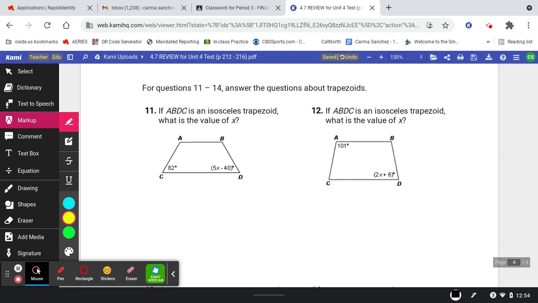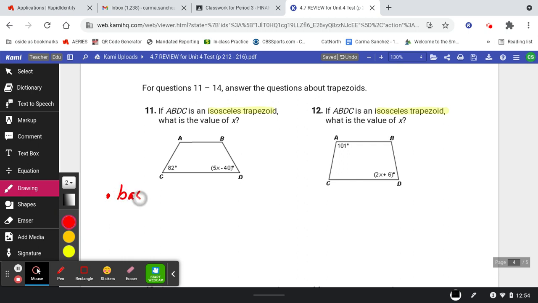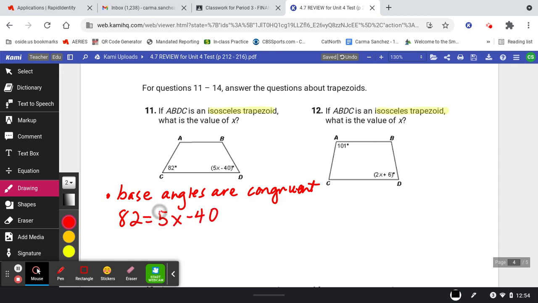All right, the next one tells us that this is an isosceles trapezoid. And the rule that we know about an isosceles trapezoid is that the base angles are congruent. So picture that this 82 equals the 5x minus 40.